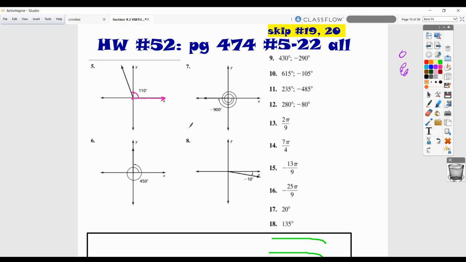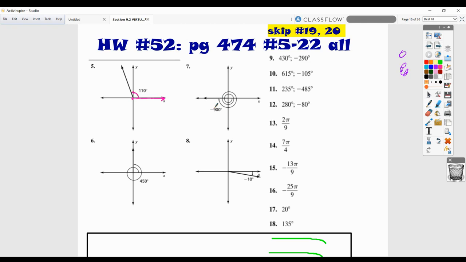For that one, number 7 is negative 900 degrees. So you are starting at your initial side and you are going clockwise here. 360, another 360, and you're showing that with your little angle measurement here, your little curly Q, right?